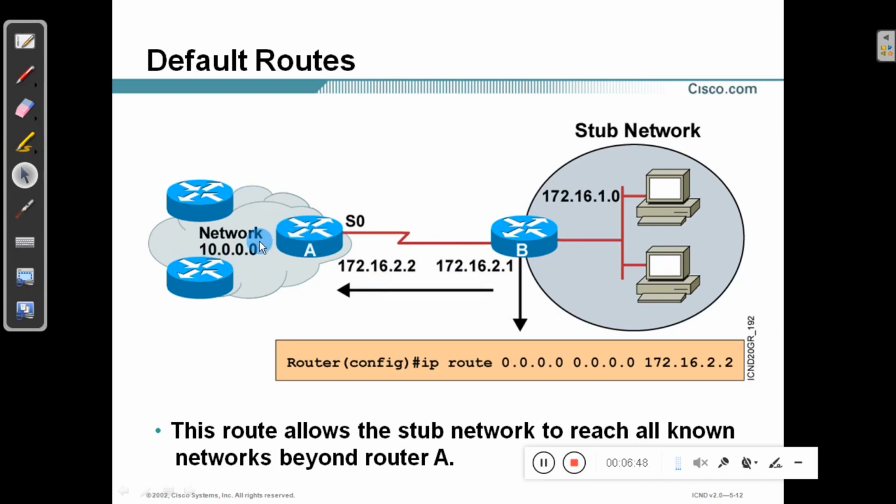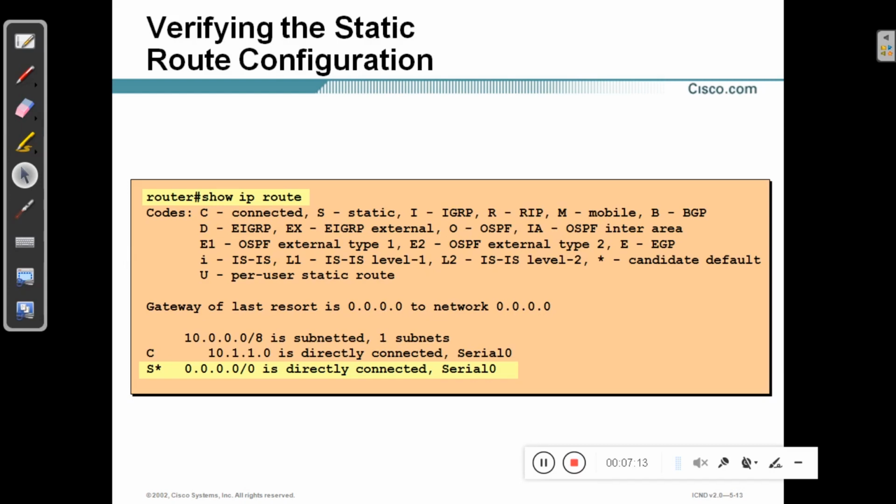To reach any address, 172.16.2.2 is the gateway. That is the meaning of this. This is called a default route. So you need to configure the default routes or static routes manually. When you give the ip route command on the router console, you will see the static route is configured, and you will see this information.